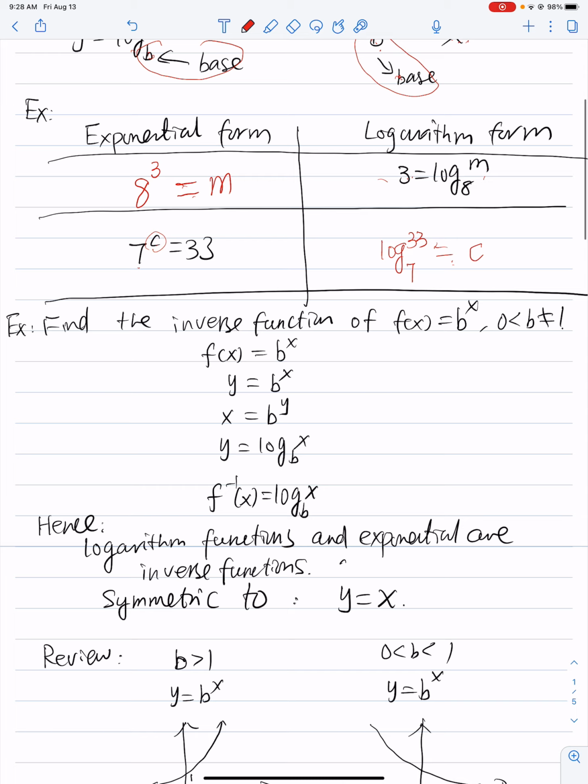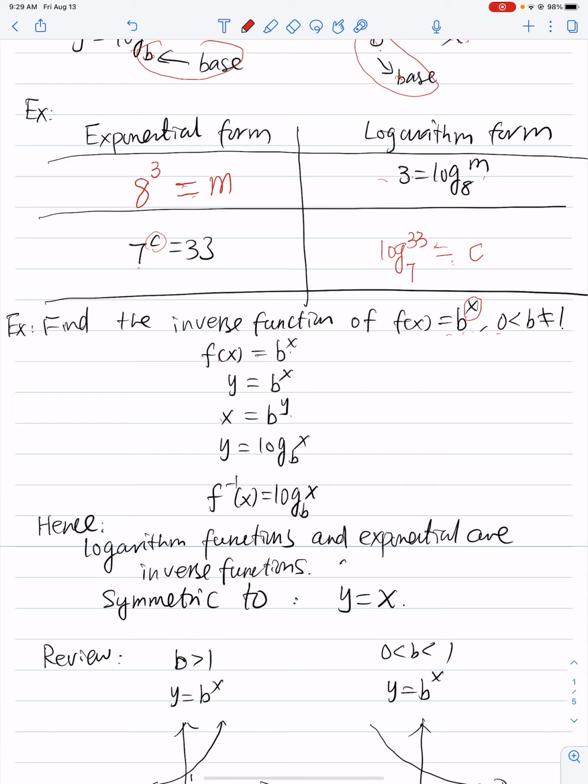Okay, so where does the logarithm function come from? Actually, why do we need this? It is from how to solve the exponential function. How could we find the exponent? From the definition of the inverse function, we know that f(x) = b^x, and then y = b^x.